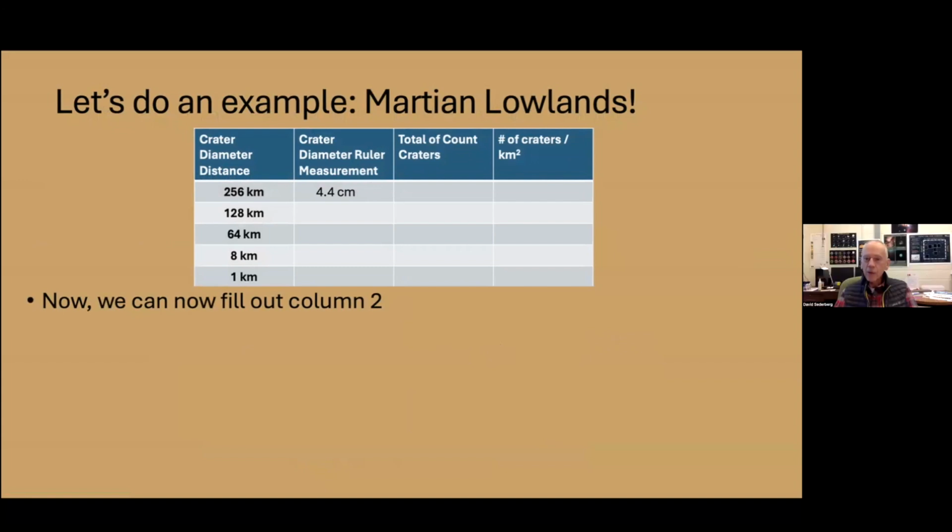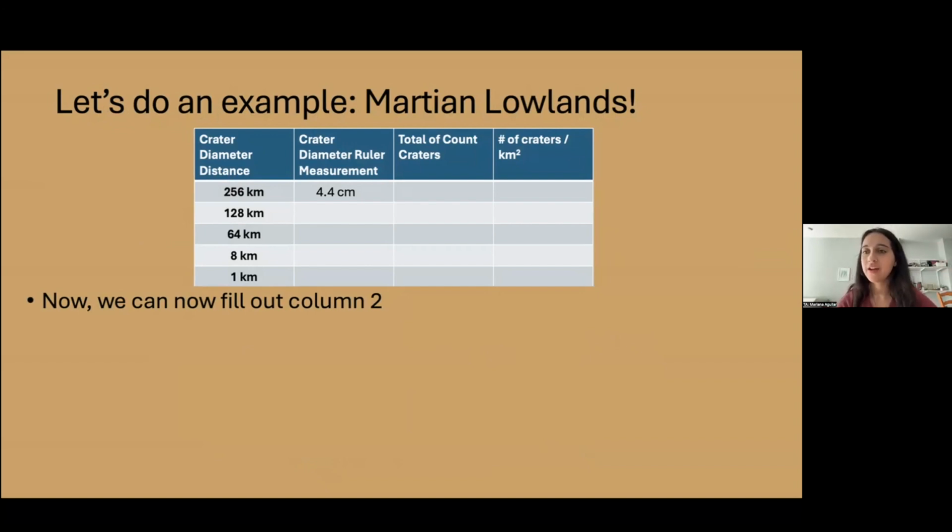So Mariana, we're not saying that there are any craters that are 4.4 centimeters. We're just figuring out how we can look at the photo and count the craters for each category. Yeah, just because it's on this table doesn't mean they're actually in the picture.